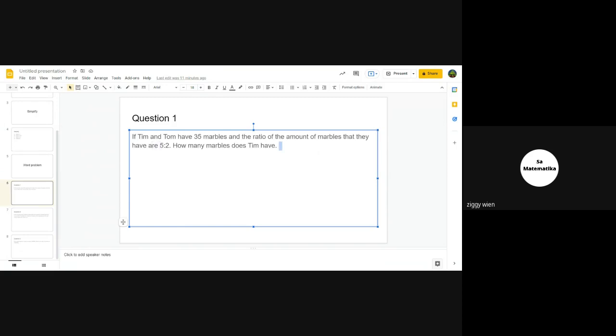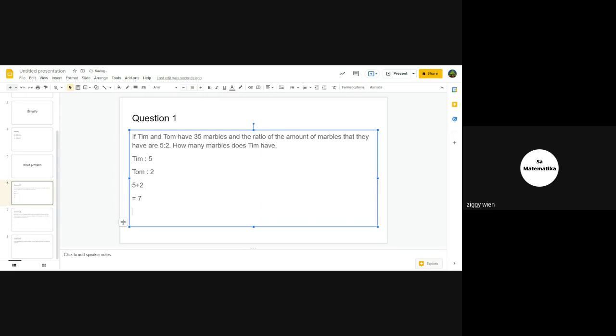How do you solve this? So, if Tim is 5 and Tom is 2, we can easily add them together. 5 plus 2 is going to be 7.